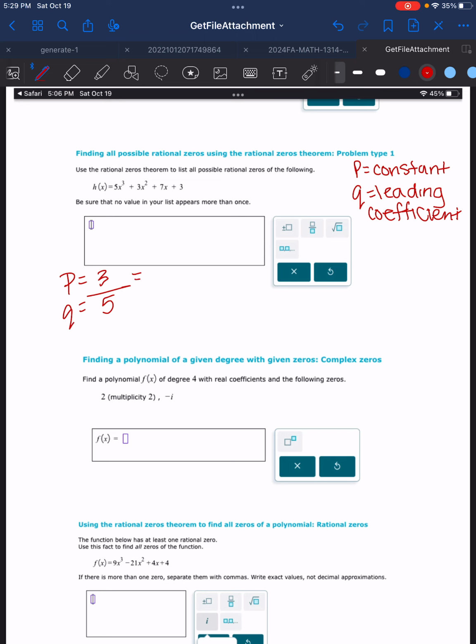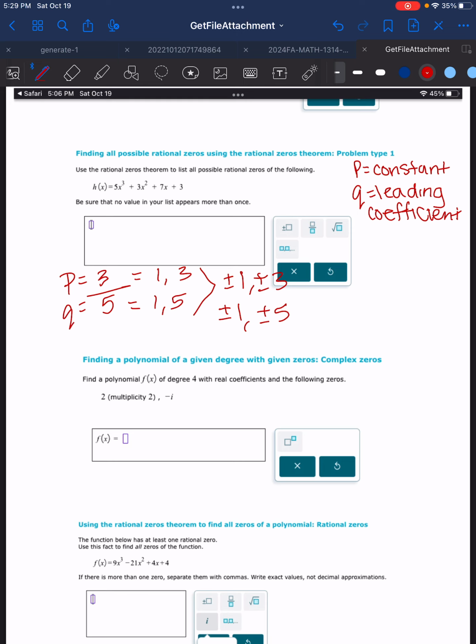Well, 3 we can do 1 times 3. 5 we can do 1 times 5. But that also can be positive negative 1 and positive negative 3. Also positive negative 1, positive negative 5.